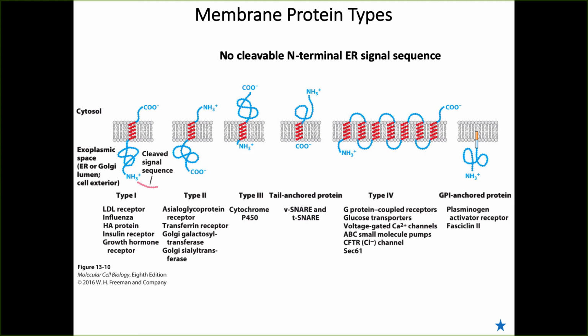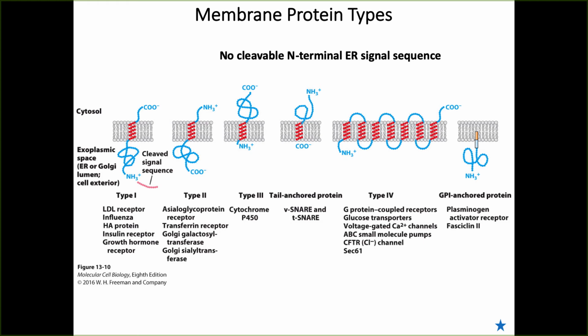When this happens, this hydrophobic portion is going to diffuse out of the translocon and embed into the membrane. As it moves out, the rest of the protein is synthesized, and that portion ends up at the C-terminal end in the cytosol. So we'll talk about that in detail.